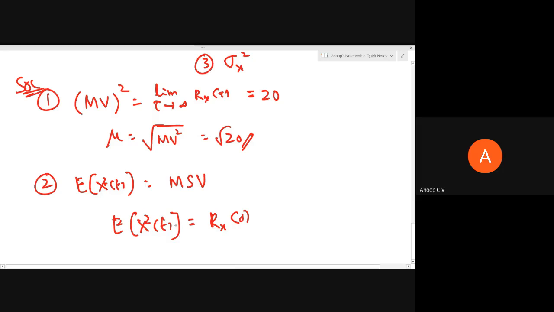E of x square t is actually the average power, or average power delivered to a 1 ohm resistor. So this is equal to Rx of 0. In this case, when tau equals 0, this is equal to 50. So Rx of 0 is equal to 50.